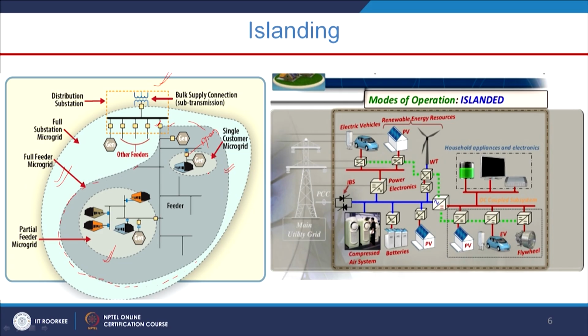And similarly, if this breaker is open, the partial feeder microgrid system is going to be isolated from the main grid. Depending on the structure, planning or layout of the distribution system or distributed energy resources network, different types of islanding appear.